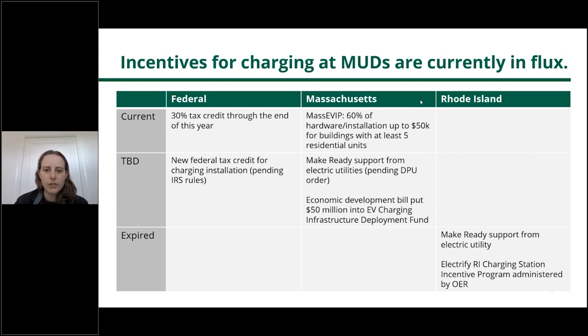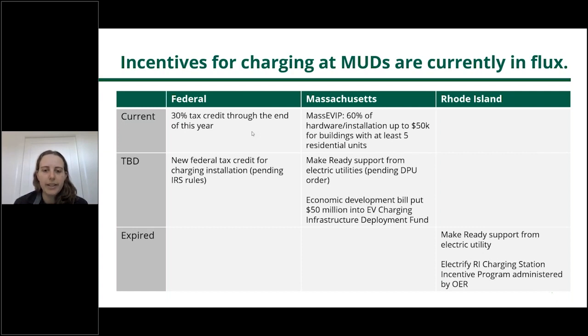If you live in Massachusetts, there is a program in the Mass Department of Environmental Protection, DEP. It's called Mass EVIP. And that program offers 60% of the hardware/installation costs. So not the property infrastructure upgrades, but the actual hardware and installation of the hardware, of up to $50,000 for buildings with at least 5 residential units.